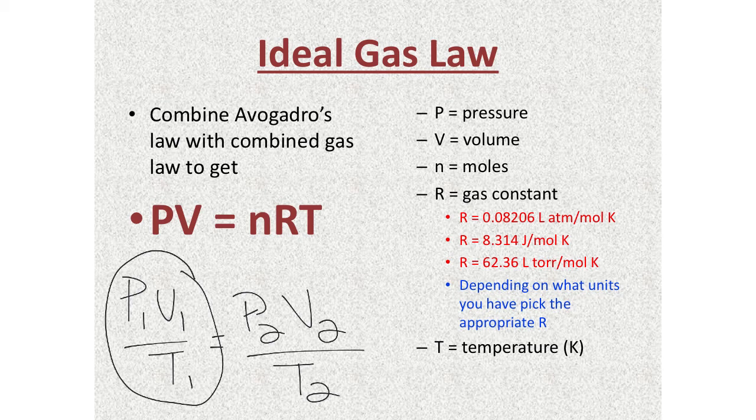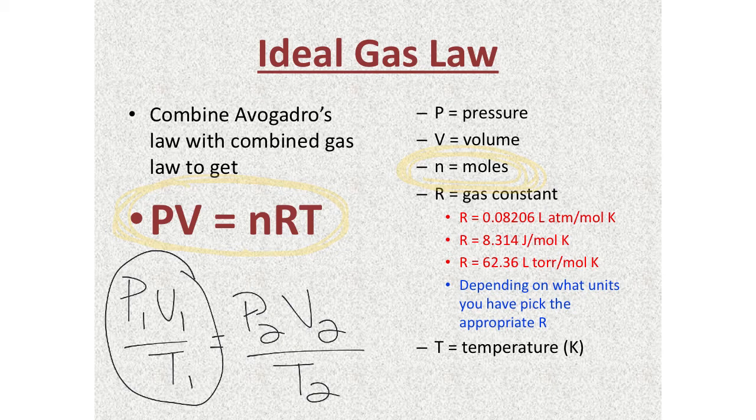So really it's just one sample, and you might heat it up and see what that does to the pressure and the volume. This formula, on the other hand, is really going to be more useful because, since it's got moles in it, n is moles, we can now relate this to stoichiometry and different chemical reactions.